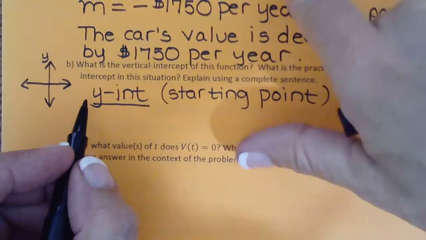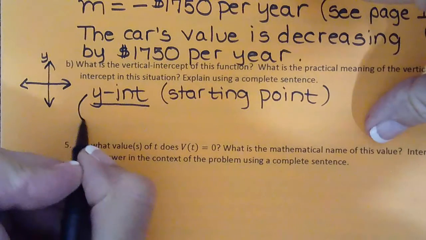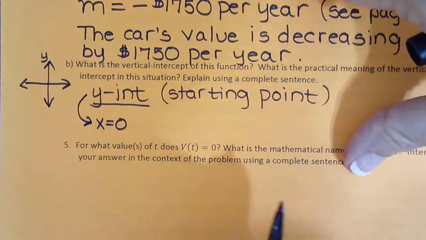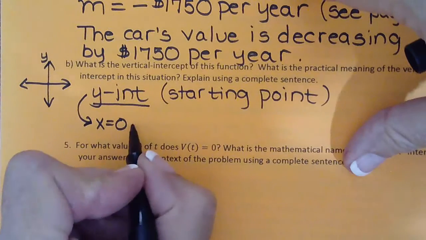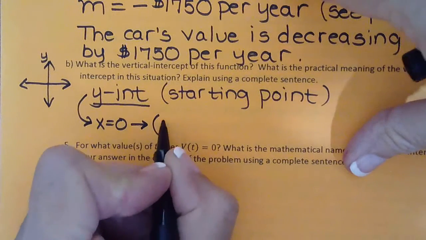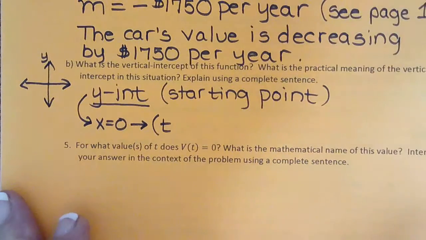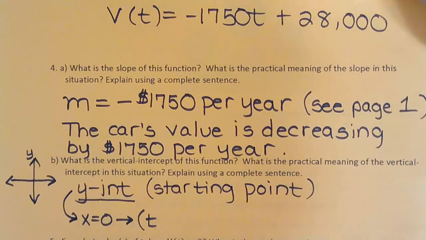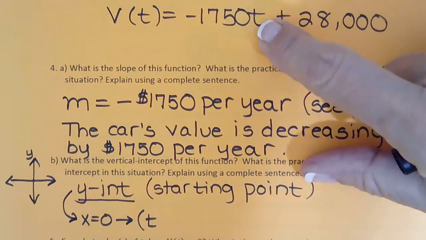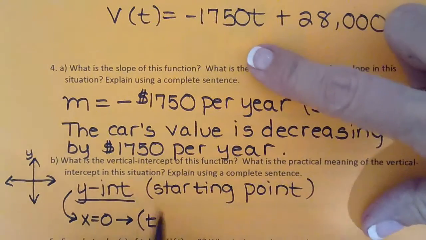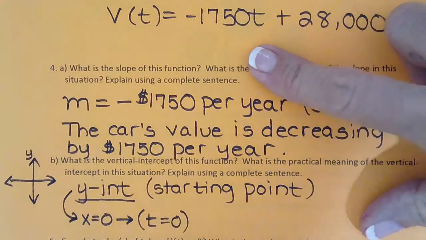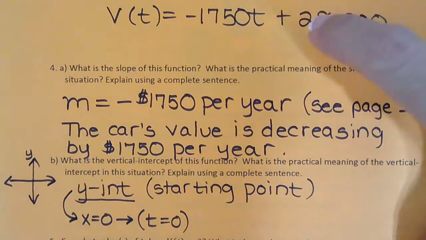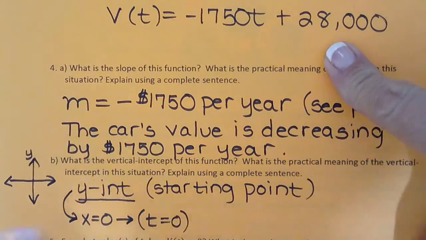So our x is t, right? In this case, our x is t, so make t 0. So let's say you forgot that's the y-intercept, or you weren't sure. This is how you could find it.